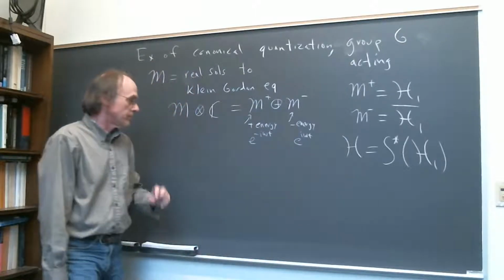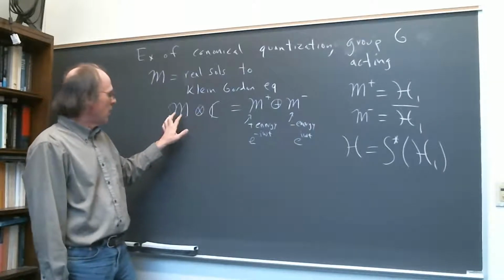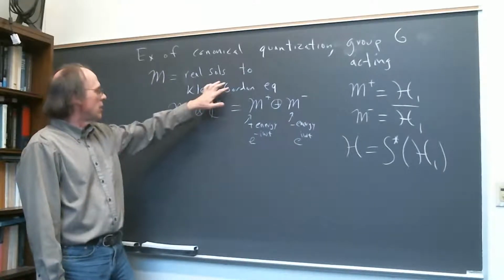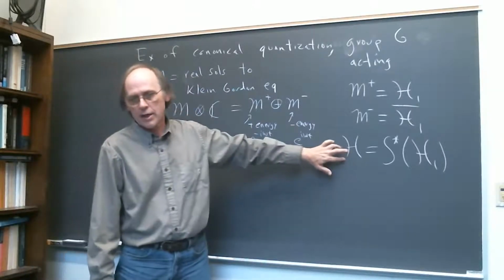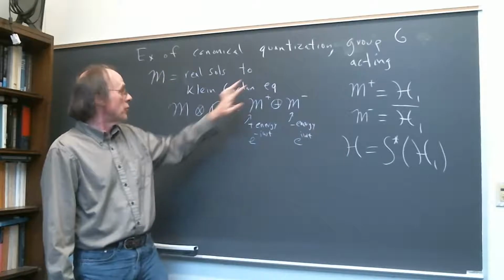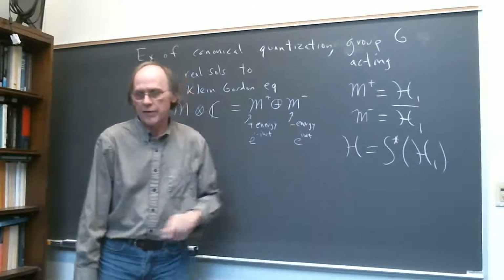One thing that's going to happen, which we'll see, is that solutions here are going to go to operators acting on here. Solutions to the Klein-Gordon equation, elements here, are going to go to operators acting in here, which are going to be field operators.